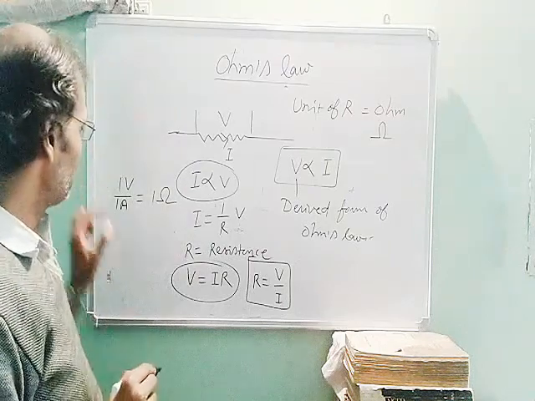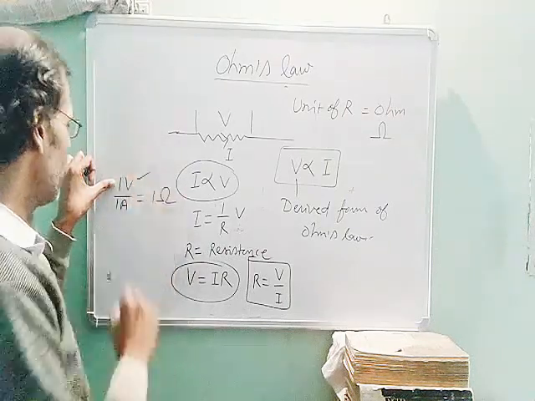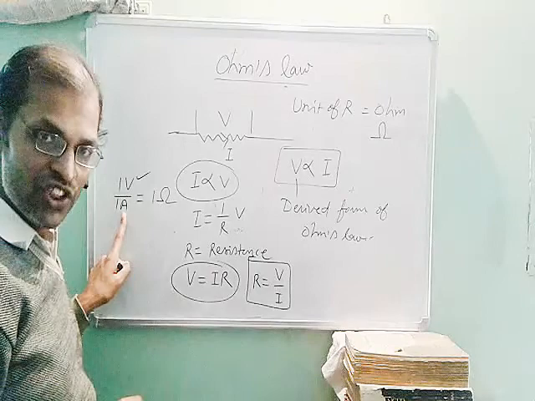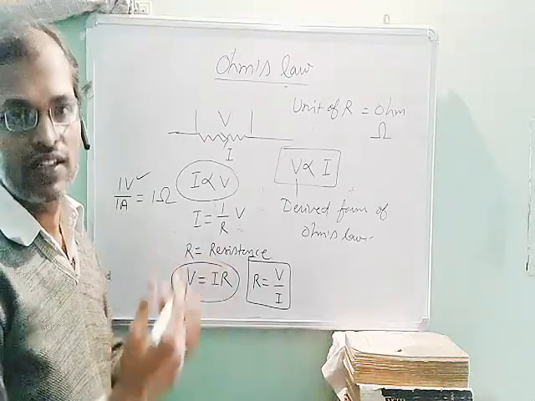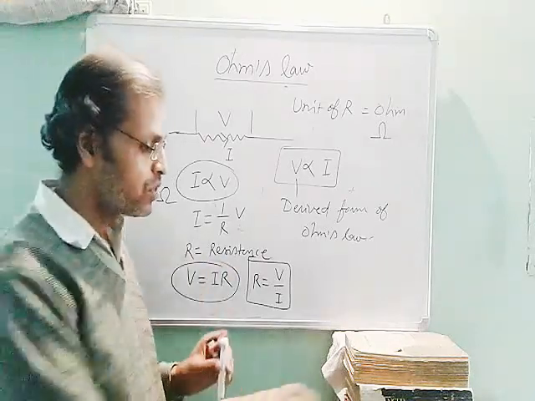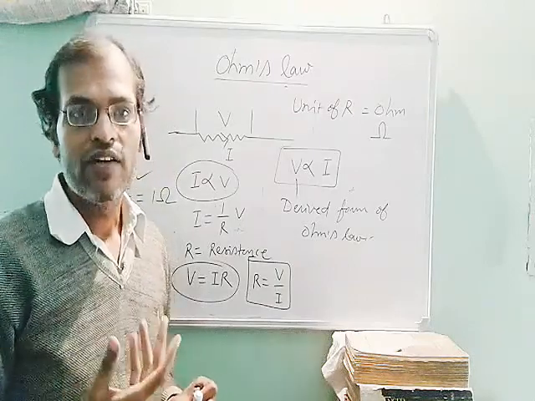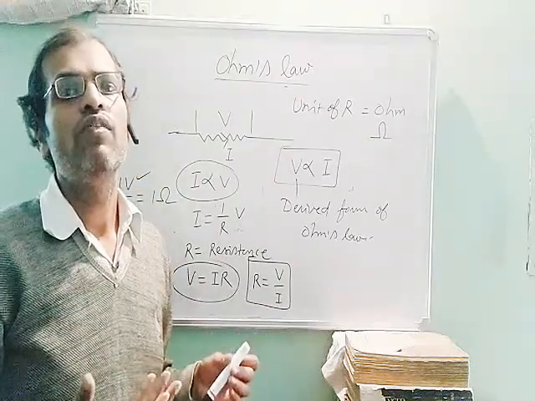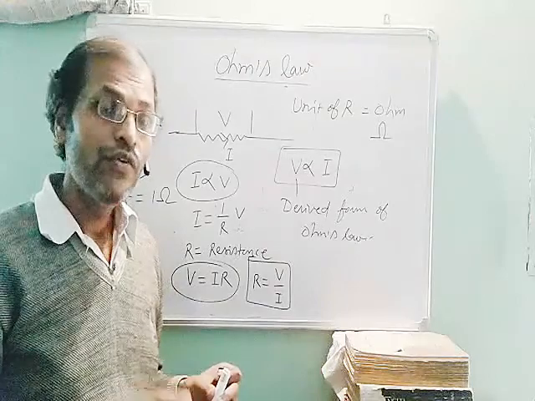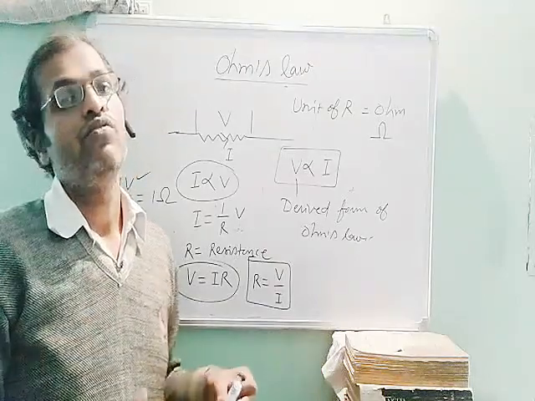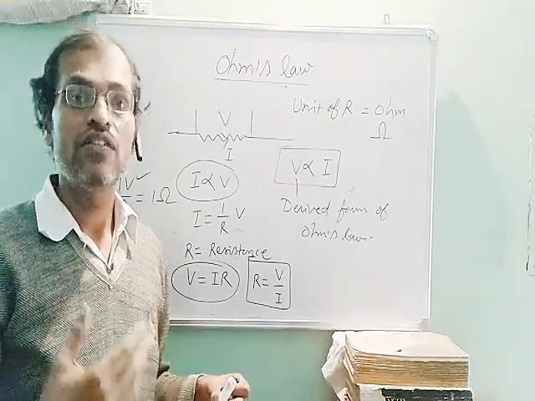Okay. So this value will remain same, but this value will change for different conductors. For example, suppose you use copper wire. For copper wire, the value of resistance is very less. If you use iron wire, for iron the value of resistance is more.